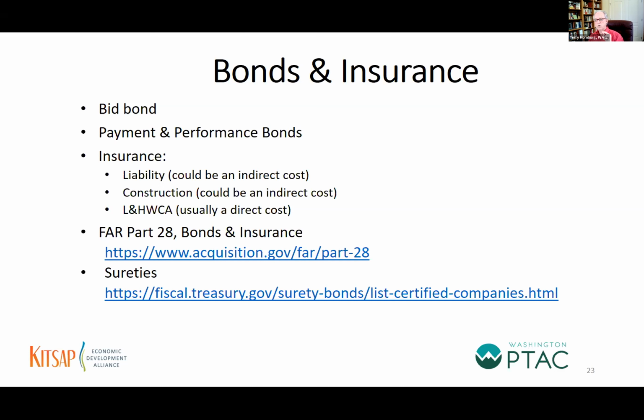So if you are required to provide any bonds, whether it's a bid bond or a payment and performance bond or whatever, it needs to be from a company that is listed on the U.S. Treasury's website. Not all sureties are acceptable by the federal government. So maybe before you call a company or after you call a company to get a premium, you want to check this website to make sure that they are accepted by the federal government.